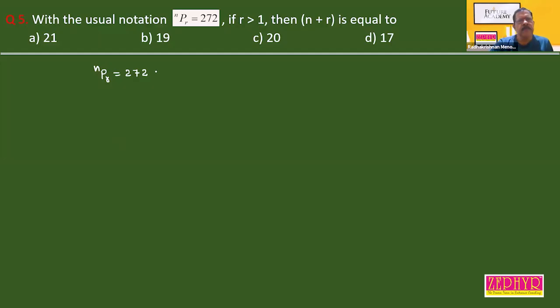Now, 272, you know that 16 into 16, that's 256. 16 square 256 ആണ്. 16 തൊട്ടടുത്ത natural number 17.